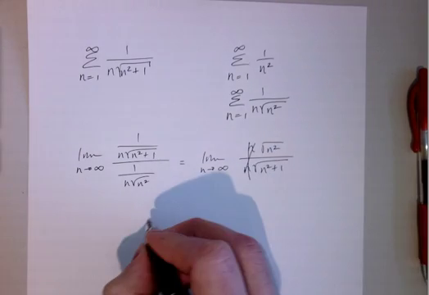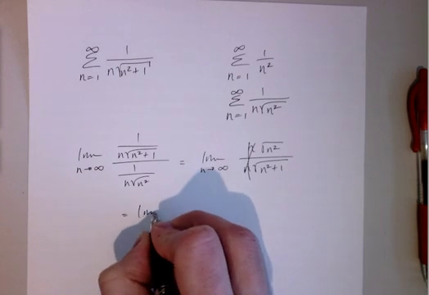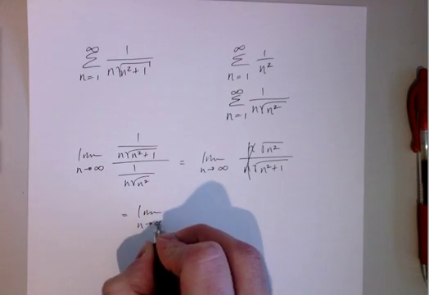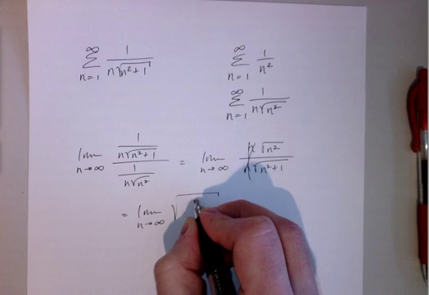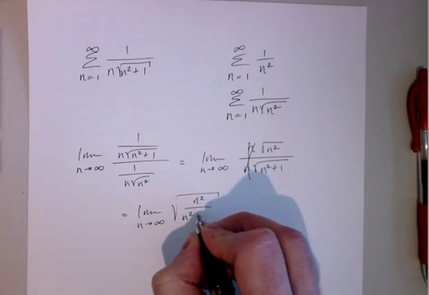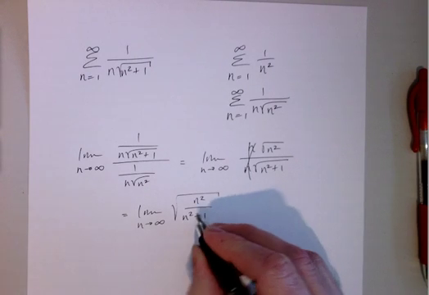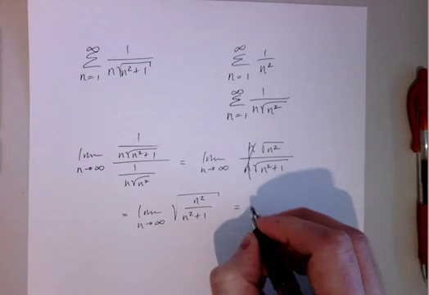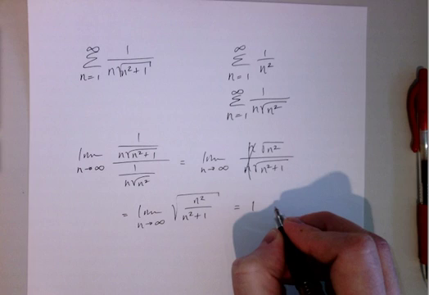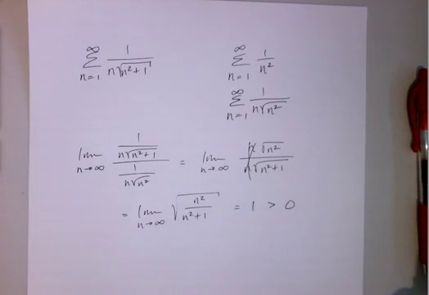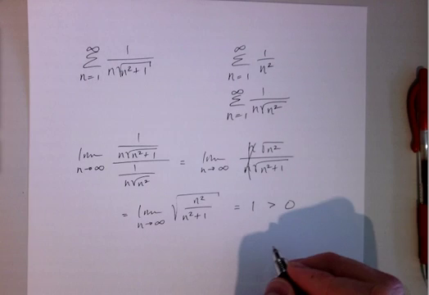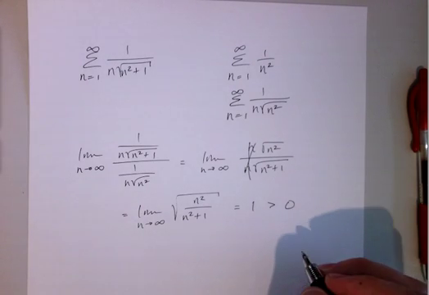Those cancel out, of course, and I'm left with the limit as n approaches infinity of the square root of n squared over n squared plus 1, and there are a dozen different ways to resolve that, but you notice that that's going to wind up being 1. It's a positive finite value. Therefore, they're either both convergent or both divergent.